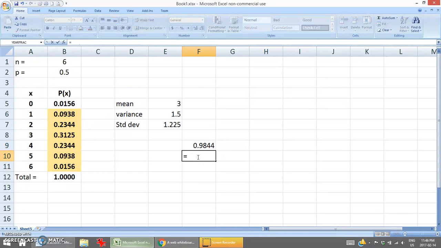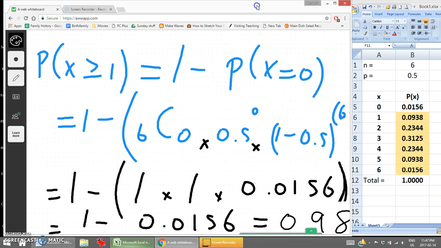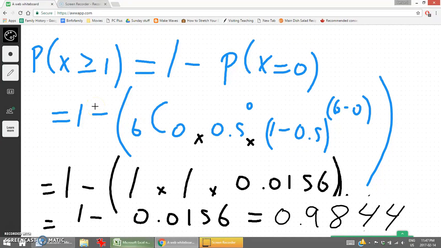If we go doing the shortcut way, 1 minus everything except for 0, 1 minus the probability when x equals 0, we get 0.9844. The same way. In Excel, any way is easier. On paper, definitely, when the question is at least 1, you solve for 0, as we did here, solve for 0 and subtract it from 1.